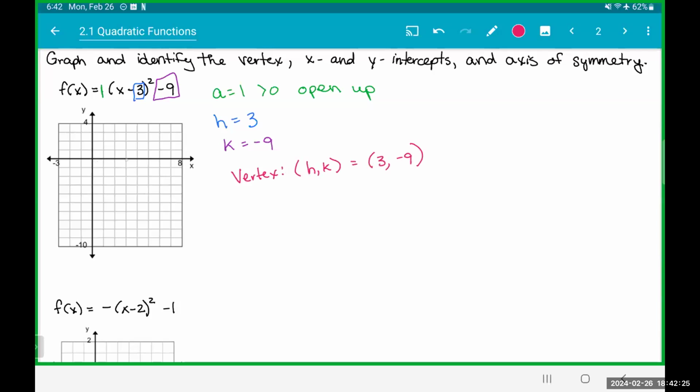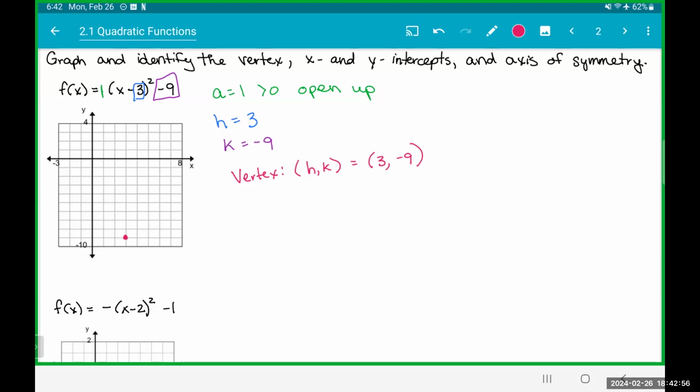That's 1, 2, 3, negative 9. That is my vertex. I do know that I'm opening up, right? Because my a is greater than 0. I'm not going to put that in just yet. We're going to calculate our x and y intercepts and then use our axis of symmetry to help us round out the shape of that graph, okay?